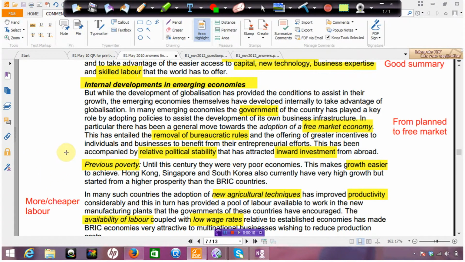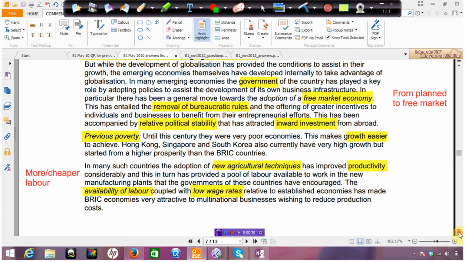Next point they make is that the starting point for the BRIC economies is lower, so the ease, or indeed the speed, of growth would be much easier to facilitate. Next point relates to labor and indeed agricultural techniques.